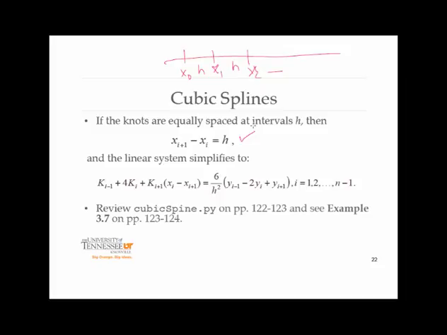That linear system would simplify to a much easier form like this, all right? And it's just an easier way to represent that linear system and very much easier to solve.